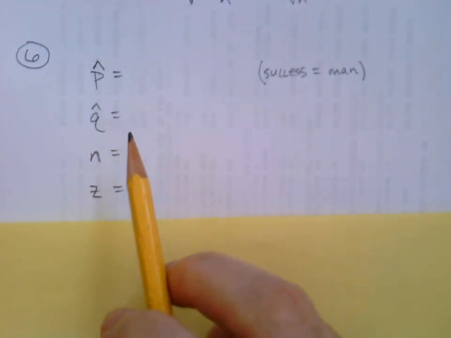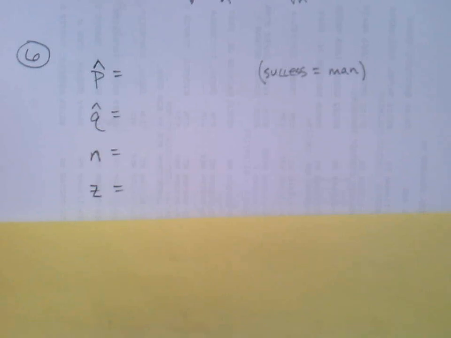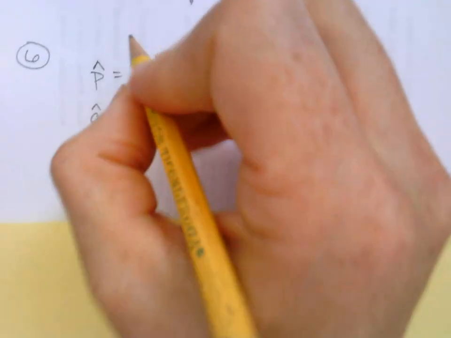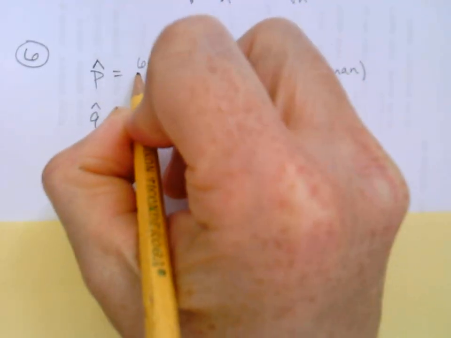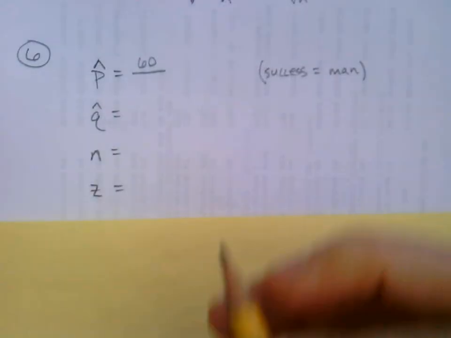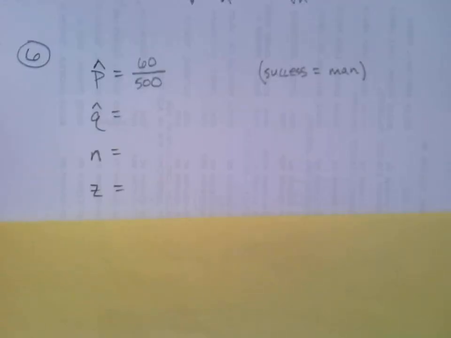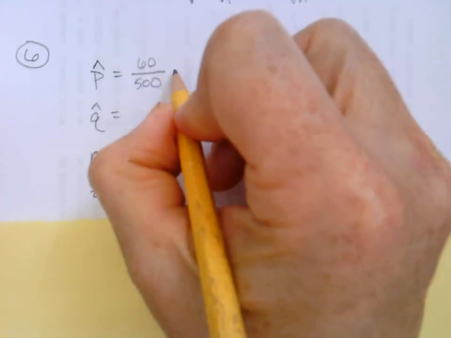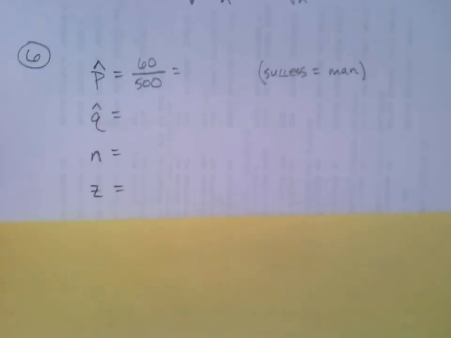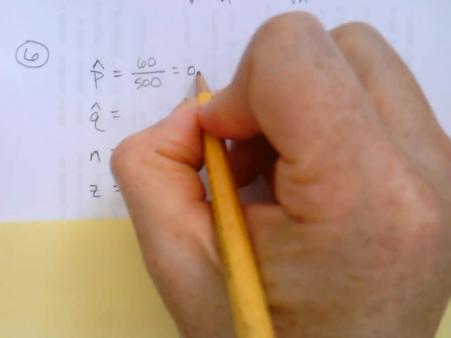So what was the proportion of success from our sample? Well, 60 applications came from men out of a total of 500. Okay, so we want the proportion there. 60 out of 500. Looks like I didn't do this ahead of time. What's that going to be? Comes out pretty nicely, 0.12.